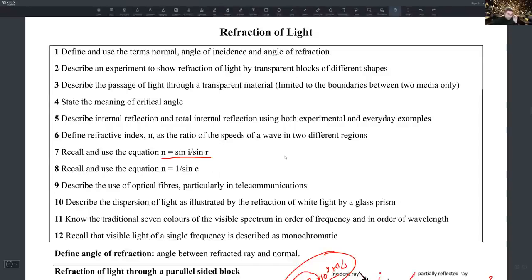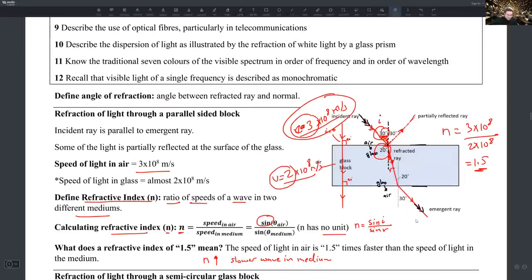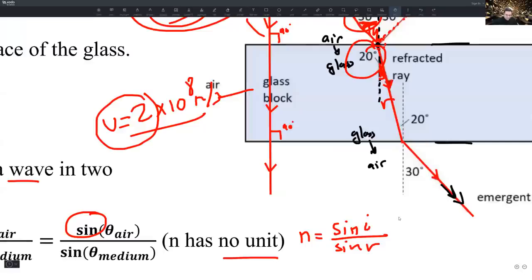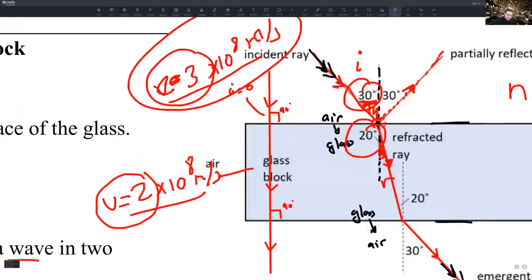I have one issue with this formula. It assumes that you understand that this is for light traveling from air to glass or air to water, for example. So the sine I on top is always the one in air, the big angle, divided by the one in glass, the small angle.